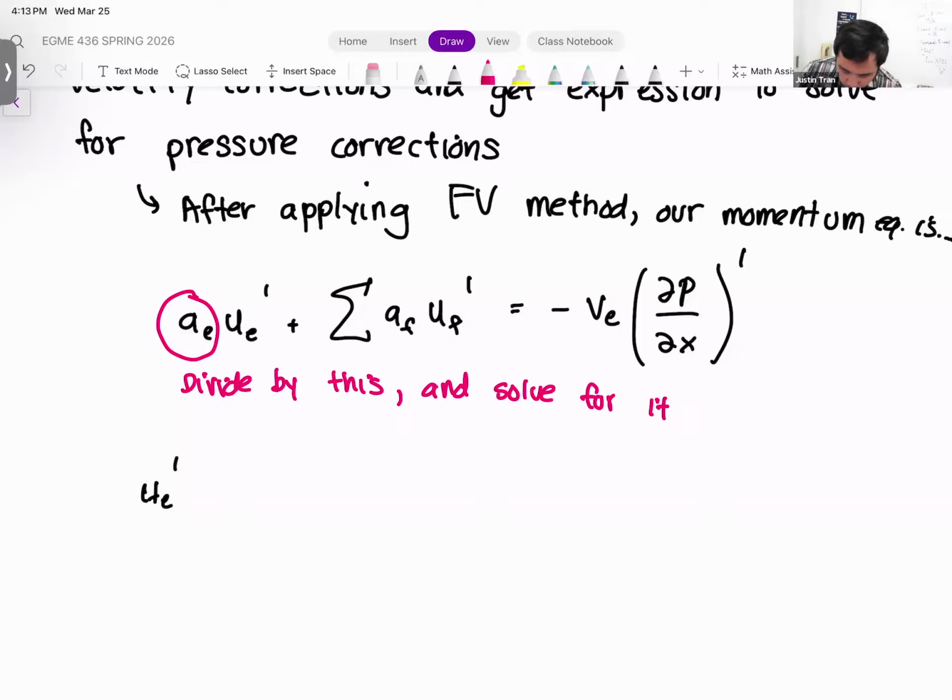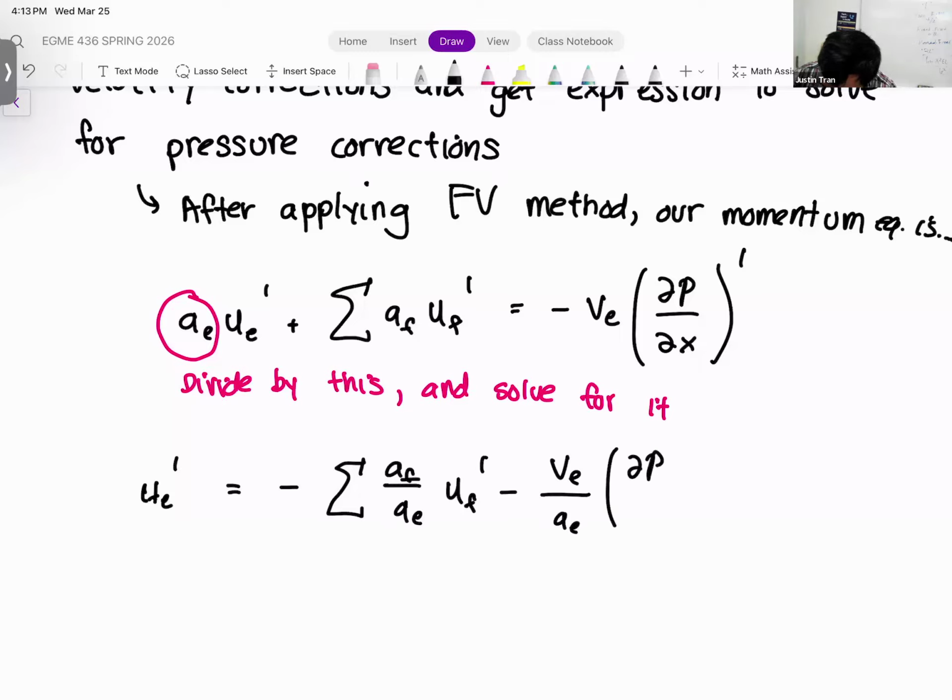So we get UE prime is equal to minus the summation of AF divided by AE, UF prime, minus VE divided by AE, partial P, partial X prime.